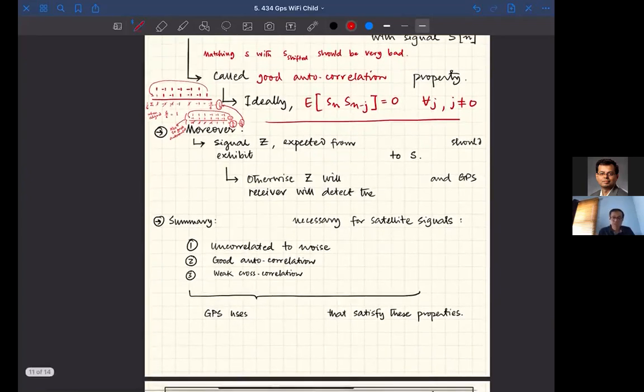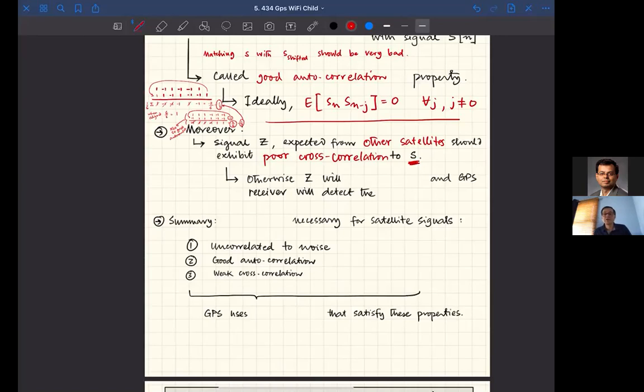Finally, there is one more condition. You know, signal Z that is expected from other satellites should exhibit poor cross correlation to S, which is coming from satellite 1. What am I trying to say? Suppose satellite 1 is sending S, satellite 2 is sending Z. Okay.